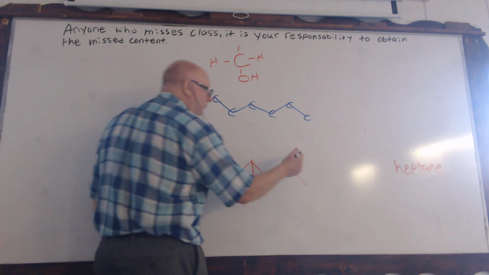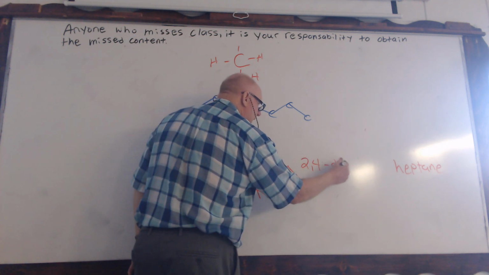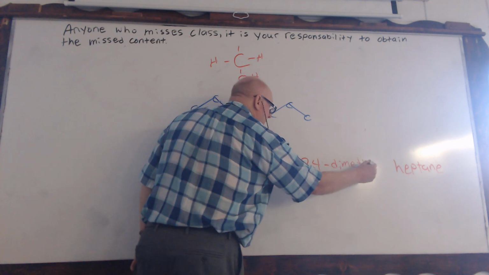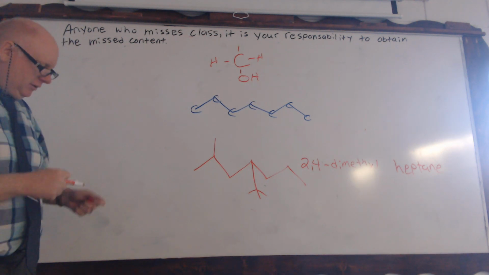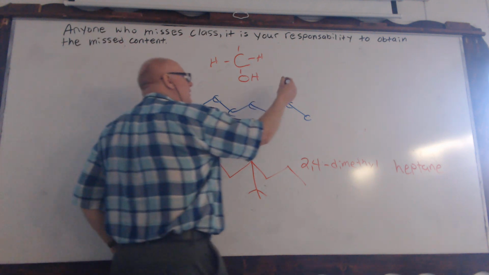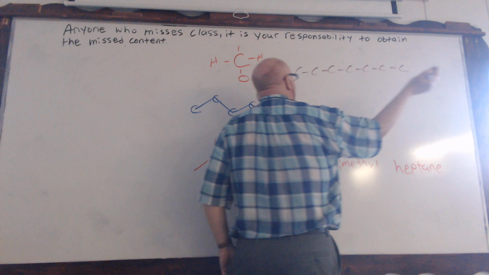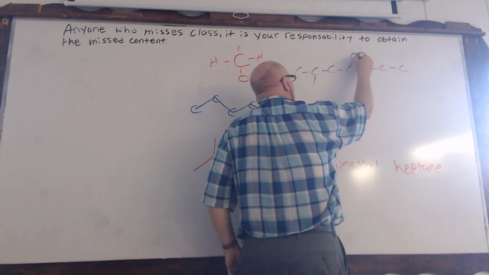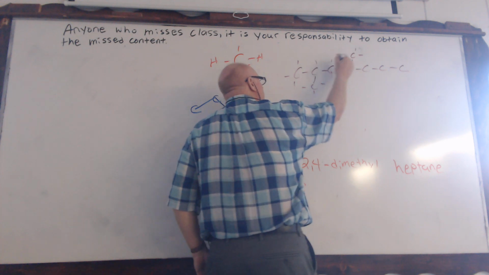So it's 2,4-dimethylheptane. To me, we are so used to this, and as long as we know what this is here, we can make that transition pretty quick. Of course, then up and down.